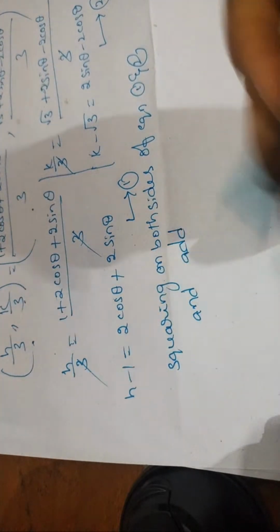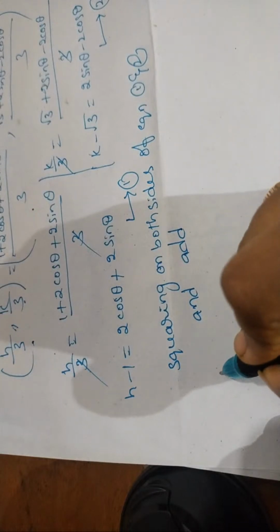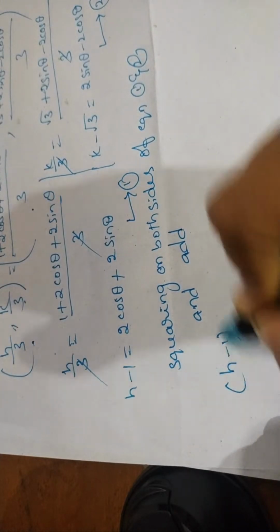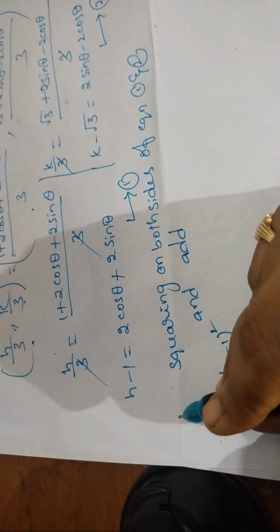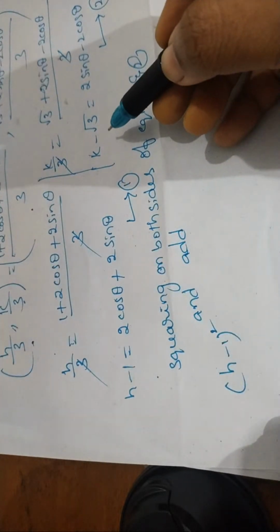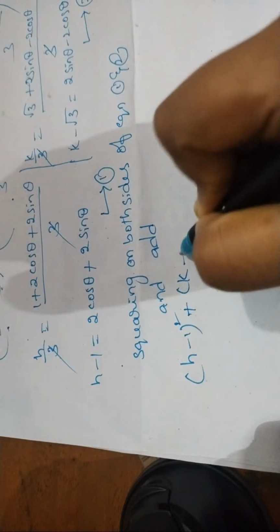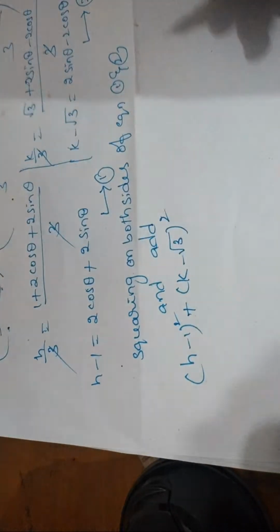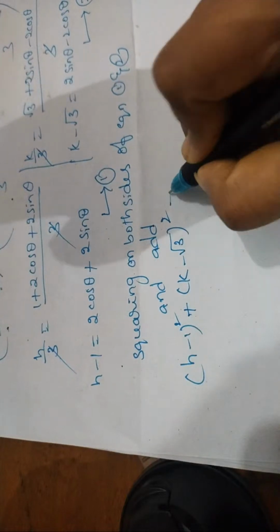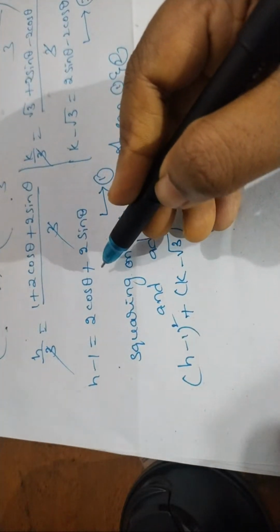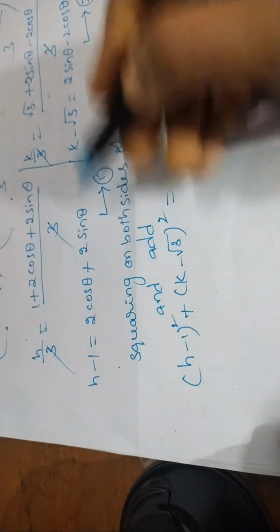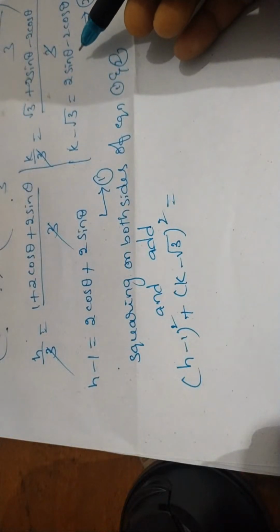So squaring on both sides, what do we get? Equation 1: (h minus 1) whole square on the left hand side. Add this also: (k minus root 3) whole square, that equals the right hand side. Here square on both sides and add with this.